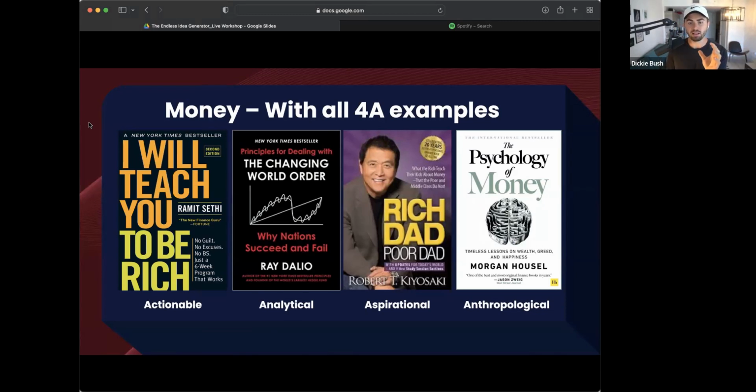So I hope this unlock is right away, hey, I might want to talk about actionable productivity tips for this type of person, or I want to share my journey exploring productivity and how I went from a toxic relationship to a great one, right? There's tons that you can share with these examples, but I love this slide because it drives the point home that if you think you have one idea, you don't, you could say it in four ways. And now we're going to show you the 1,000 different ways that you can say each of these.